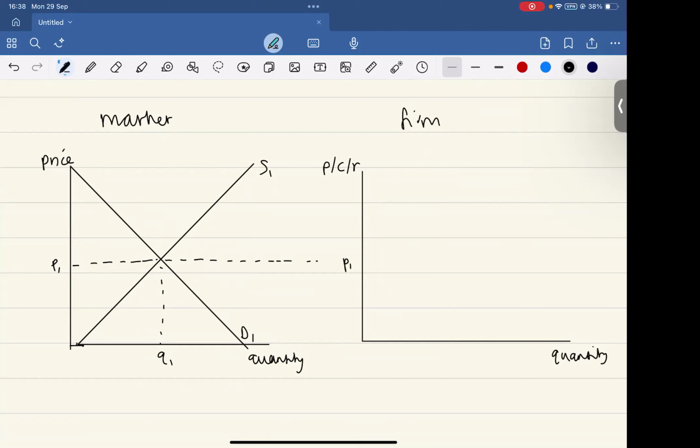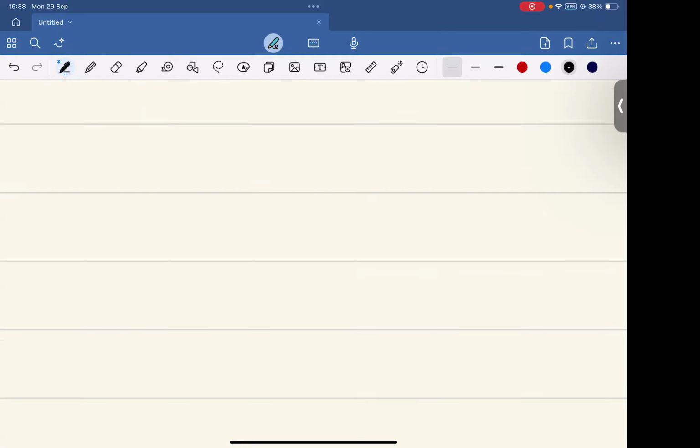Now, normally the average revenue curve for a firm is downward sloping, or it represents the demand curve. In perfect competition, the average revenue curve or the demand curve is perfectly elastic. Okay? So that's your average revenue. The reason that it's perfectly elastic is if you think about it normally, if price was to increase, demand would fall a little bit.